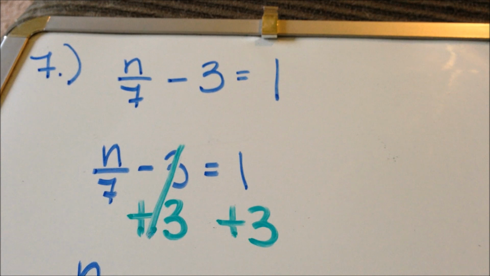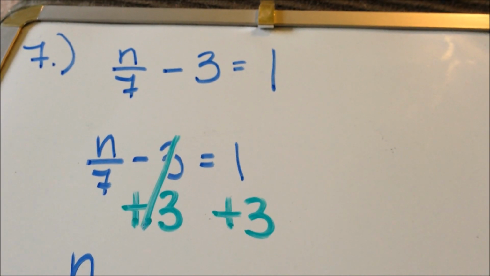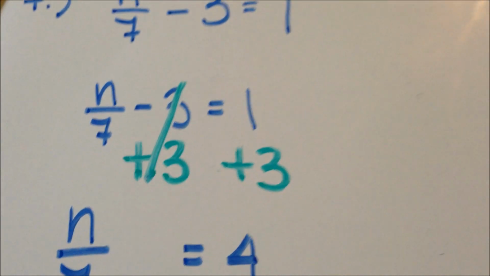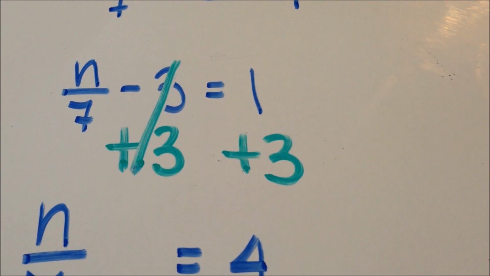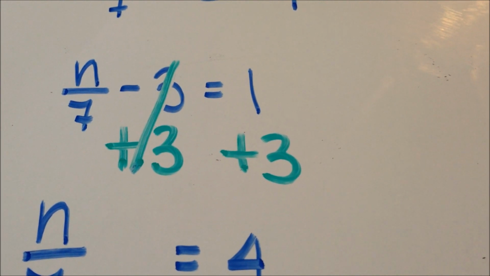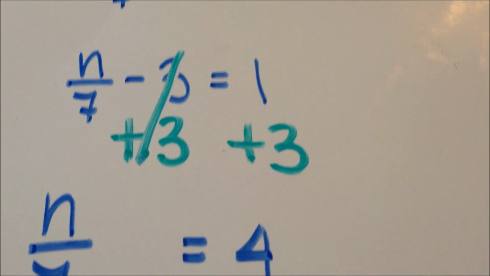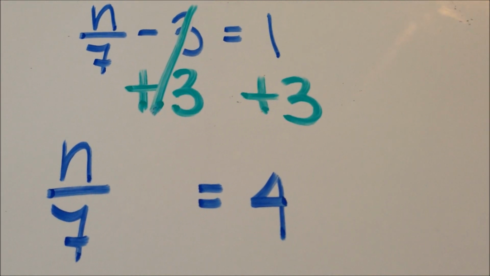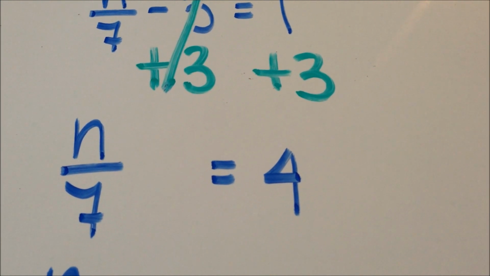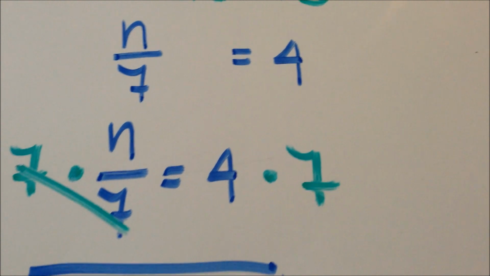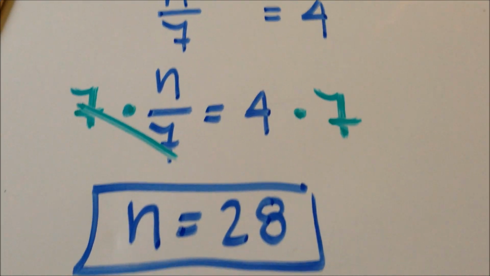So it's going to be the ratio of a number to 7 minus 3 equals 1. Now we can solve. The first step is to get rid of the 3, so we add 3 to both sides, and we end up with n over 7 equals 4. The n and 7 are connected through division, so we multiply both sides by 7, and we end up with n equals 28.